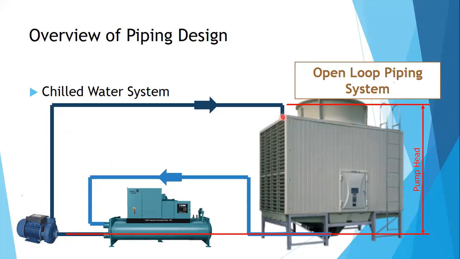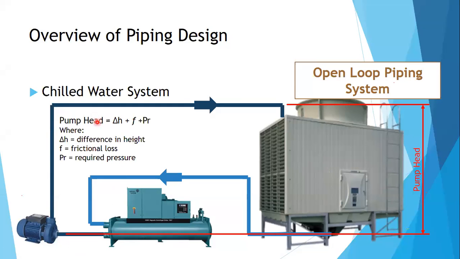Your pump head, if it's an open loop system, will be the difference in height from the lowest point to the highest point. This is the height that is required to be overcome by the pump.